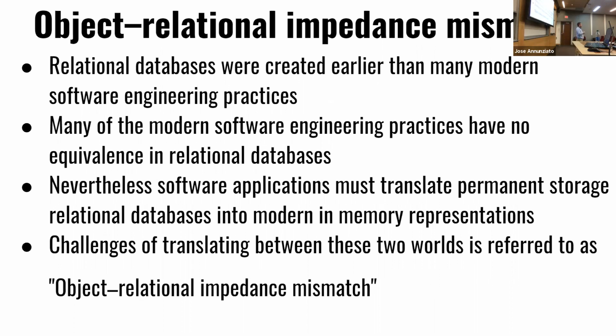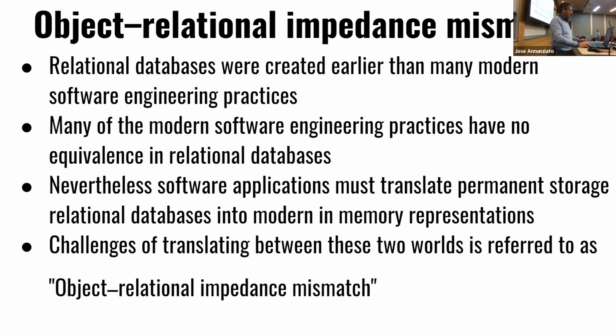There's a bridge that you need to cross between these two separate worlds. There's a lot of transformation that needs to happen, and oftentimes there's no one-to-one matching on how I represent this in this world and how I represent it over here. We saw a couple examples of inheritance a while back.